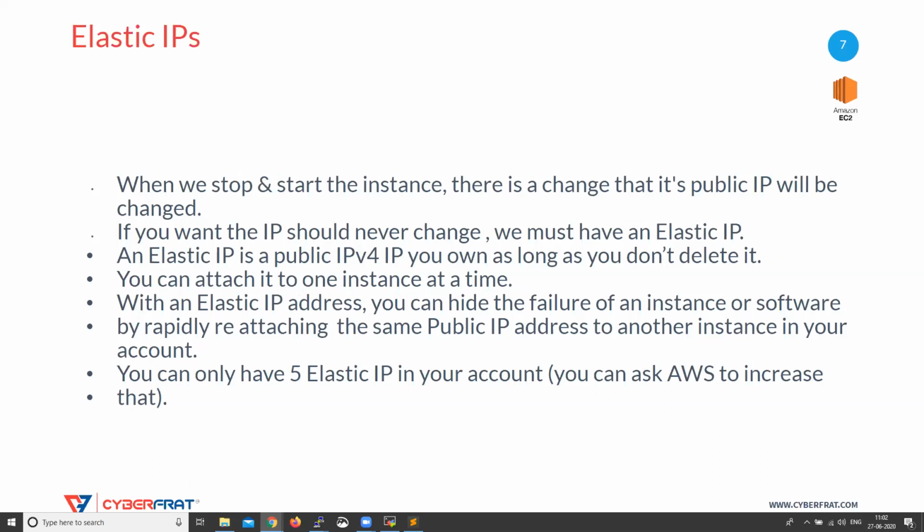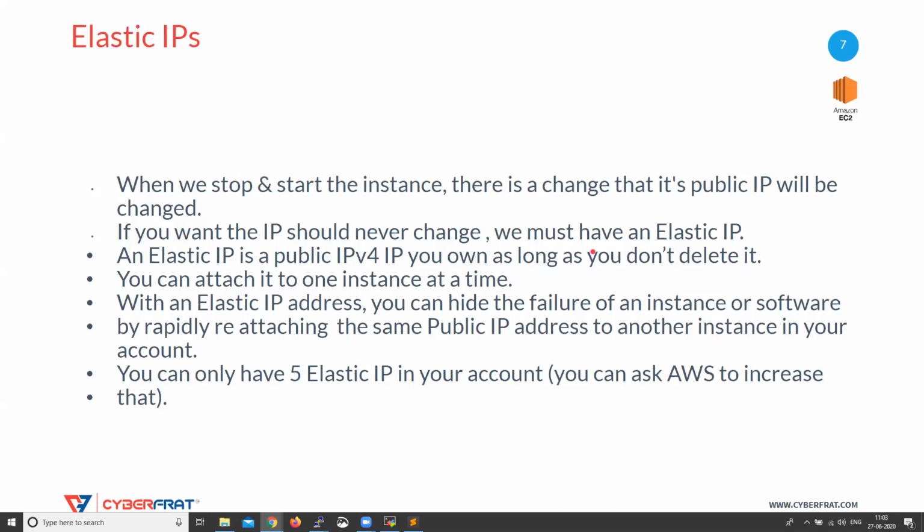With an elastic IP, you can hide the failure of an instance or software. What this means is, let's say one of your servers is down and the elastic IP is attached to it.